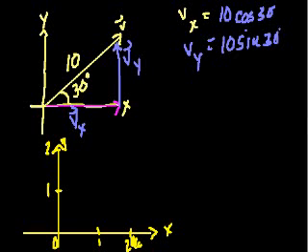I'm going to define what I call the unit vectors in 2 dimensions. So I'm going to first define a vector. I'll call this vector i. It just goes straight in the x direction. It has no y component, and it has a magnitude of 1. And so this is i.